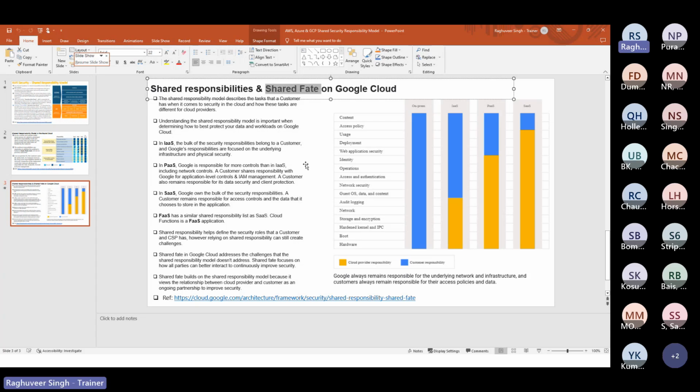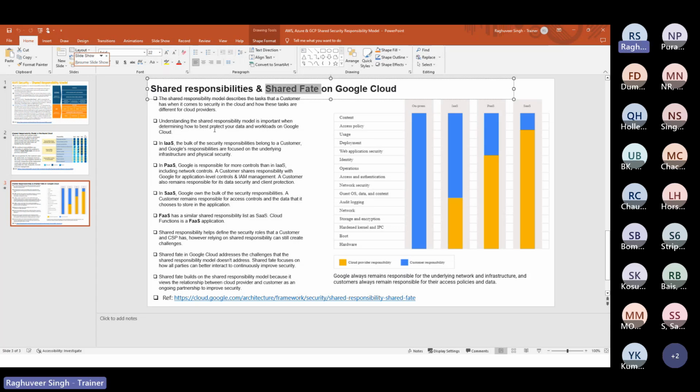So it's a shared fate. On the other hand, if Google Cloud gets compromised, or is experiencing an outage, or its data centers are down, the customer who is using that specific data center or region hosting their mission-critical application will also suffer an outage.